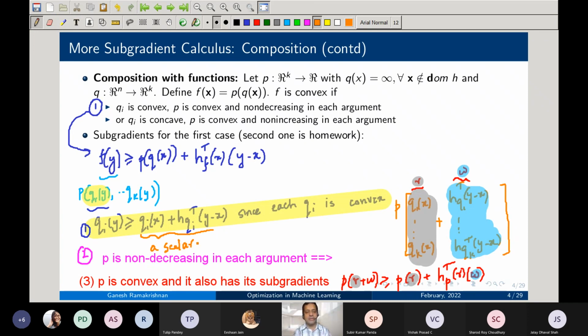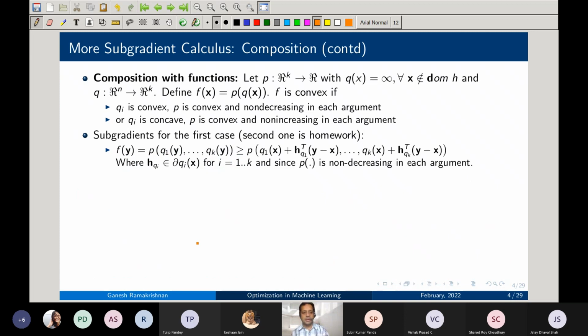Okay, so basically applying both of these together, you're done. So this is what you get here: F(y) is greater than or equal to p of all this.